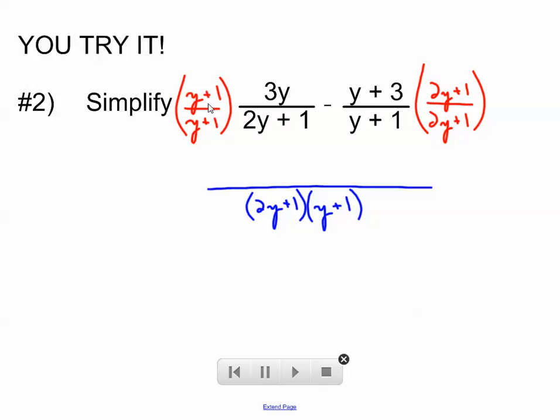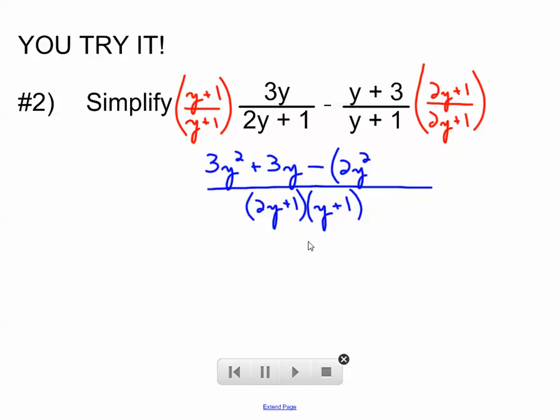Okay. So y plus 1 times 3y. We use the distributive property to simplify. 3y times y is 3y squared, and 3y times 1 is 3y. We're going to subtract, and we've got a binomial times a binomial over here. y times 2y is 2y squared.